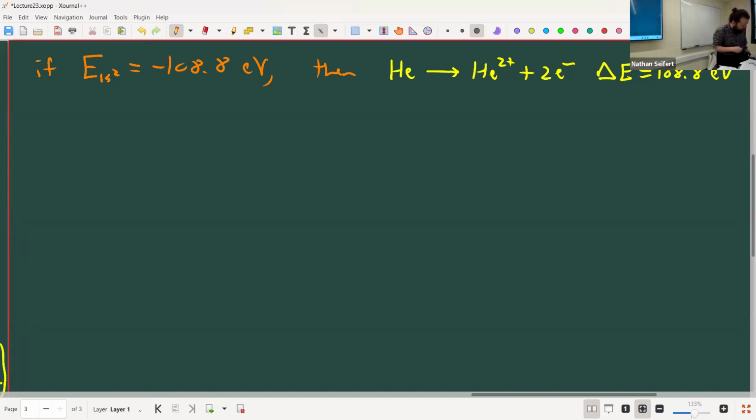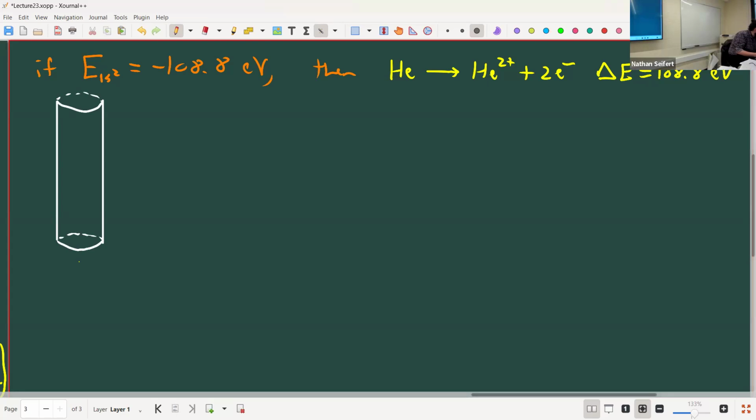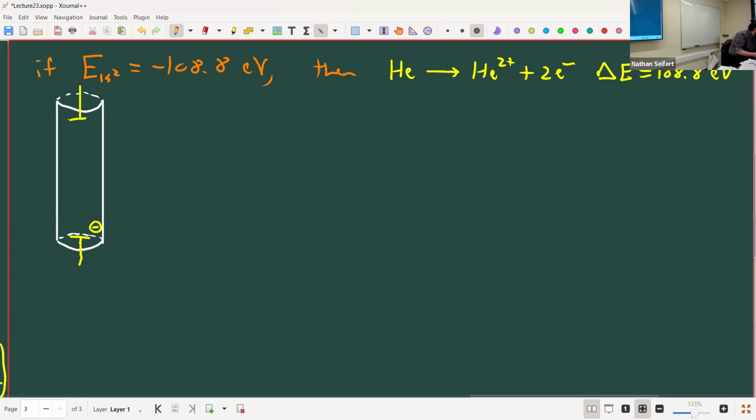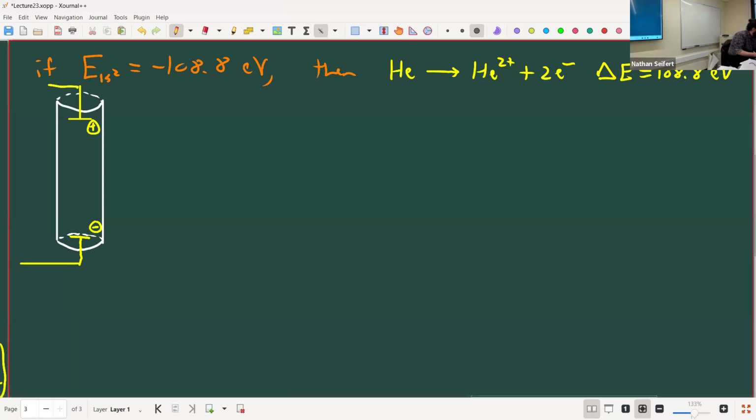So we've got this tube of helium gas. Well, sorry, we have a negative charge here and a positive cathode here.